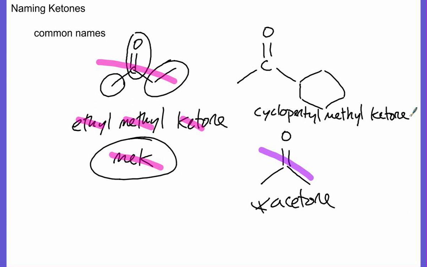Ethyl isopropyl ketone. And you just have to draw it out. There's an ethyl attached to that double bond to oxygen, that carbonyl group, and then put the isopropyl on the other side, and it looks something like this. Alright, so that's it for your common names.